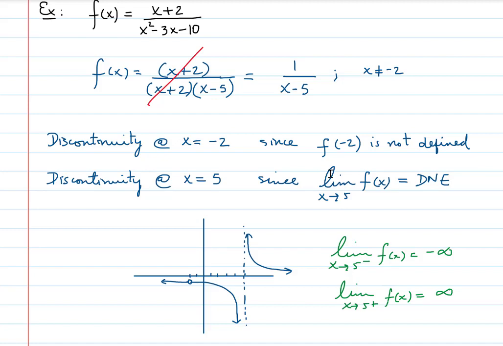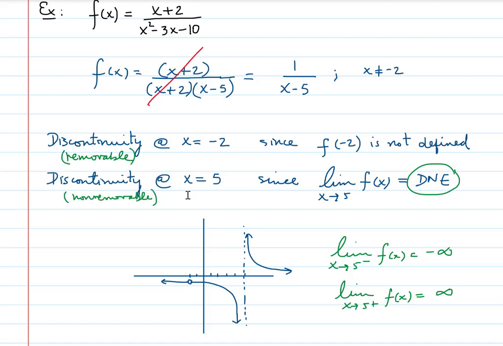Now, it's not just because they don't match, but because they're going to infinity. Infinity is not a real number, so therefore this limit does not exist. So if we wanted to classify these discontinuities, the first one would be removable and the second would be non-removable.